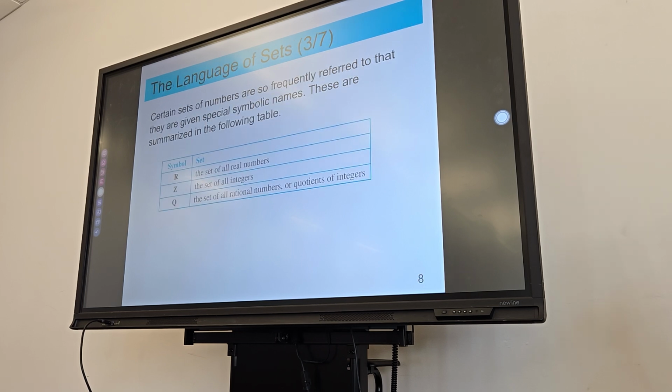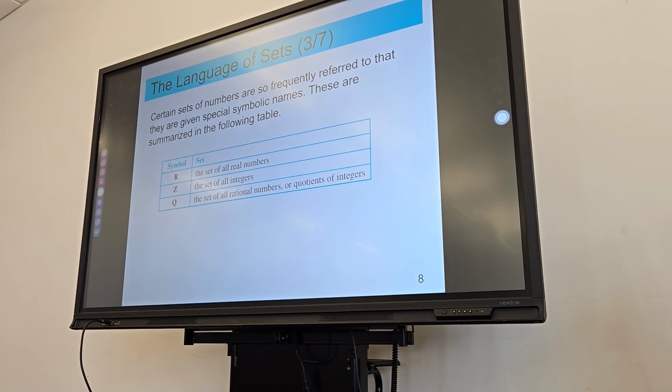Now there are certain sets that are so frequently referred to, they have their own special names and symbols. R is the set of real numbers. So 3.14159265, real number, that's in R. Z is the set of integers, whole numbers.